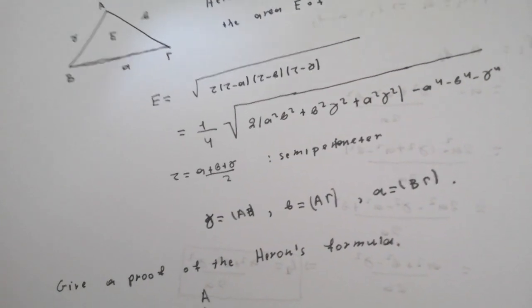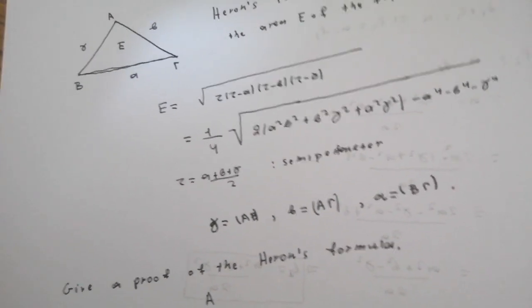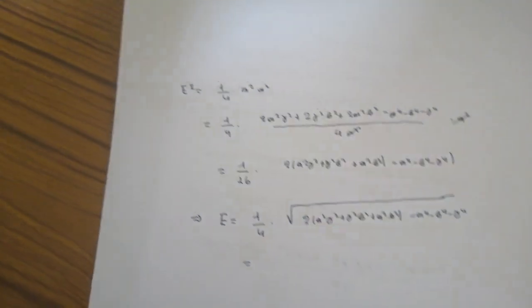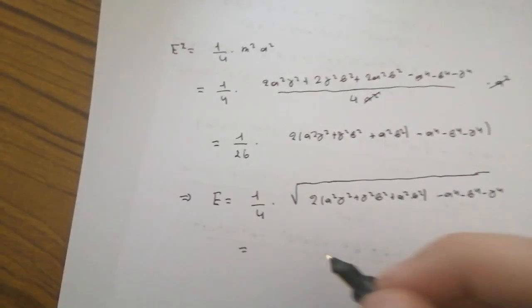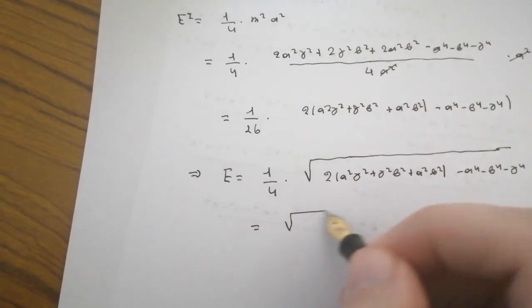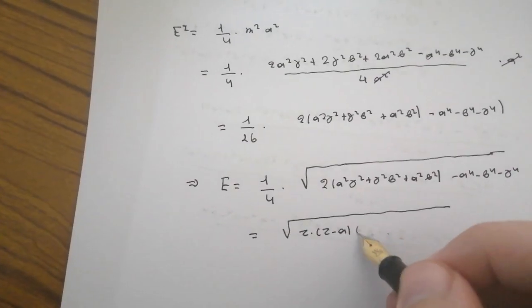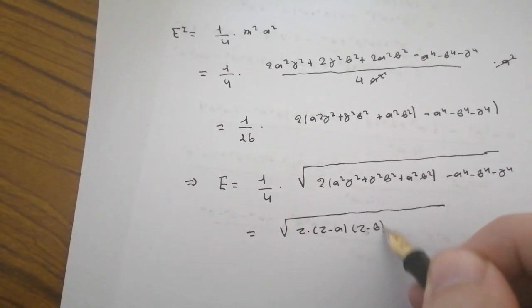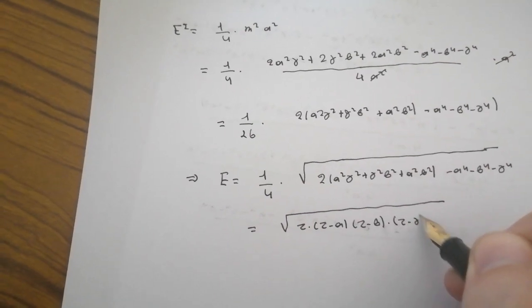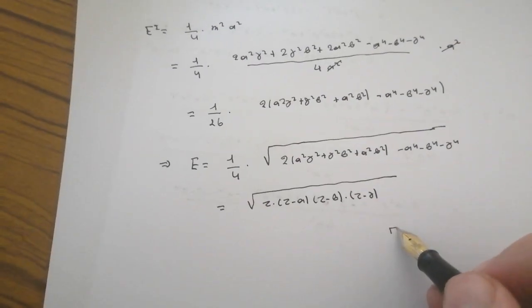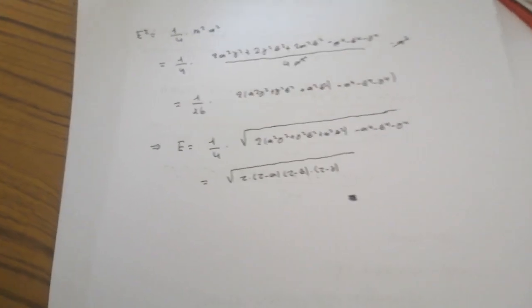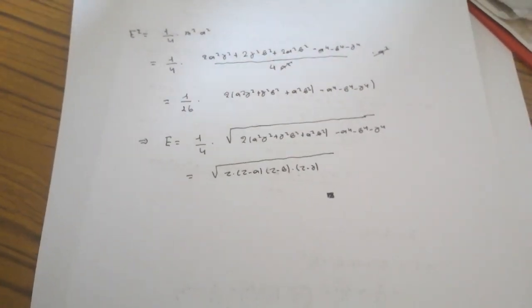If we have a close look here, we see that we can write it. Finally we obtain Heron's formula. This one can be written as the square root of tau times tau minus a, tau minus beta, tau minus gamma. And we have concluded the proof.